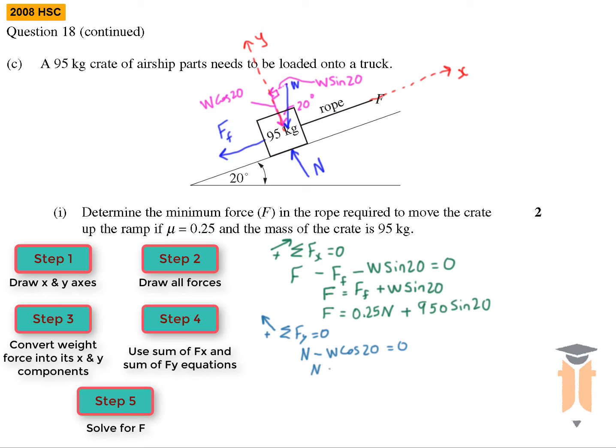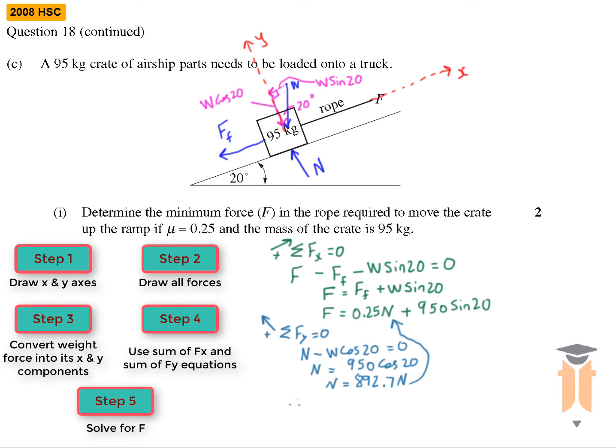Therefore, N is equal to 950 cos 20. So therefore, N is equal to 892.7 newtons.